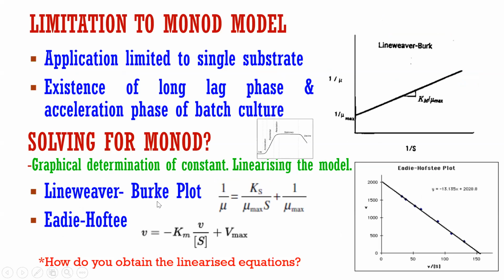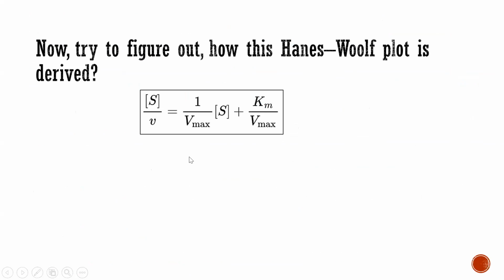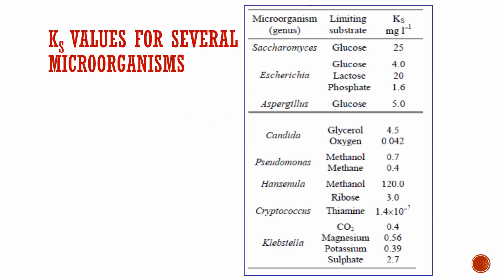You have Lineweaver-Burk, you have Eadie-Hofstee, and you have another one, Hanes-Woolf here, and the values are usually different. And you need to state which model you use. Usually people do more than one model, or maybe three, just to show the values. All right, and then with these values, you can compare with previous research or references to study the performance of your fermentations.